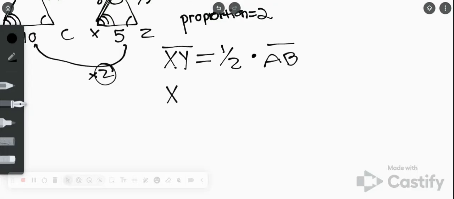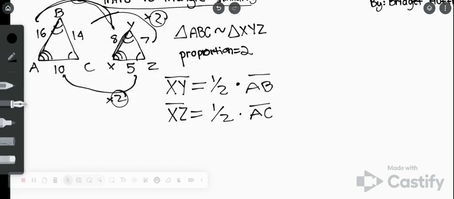Segment XZ is equal to 1/2 times segment AC. If you look up here, you can tell AC is double XZ.